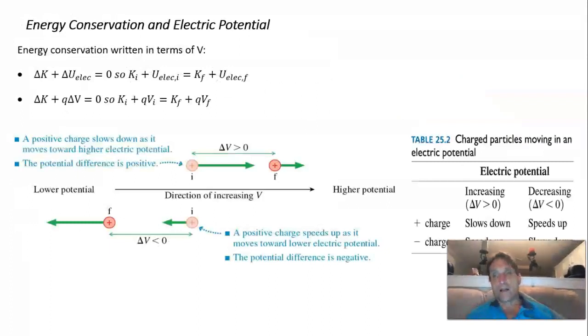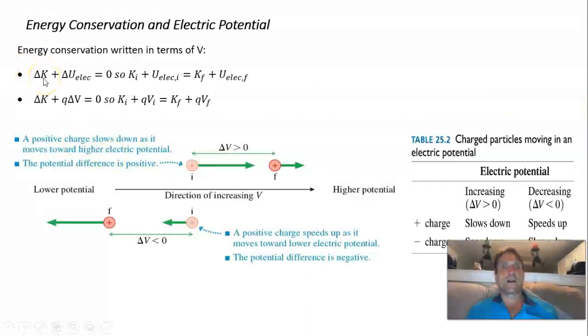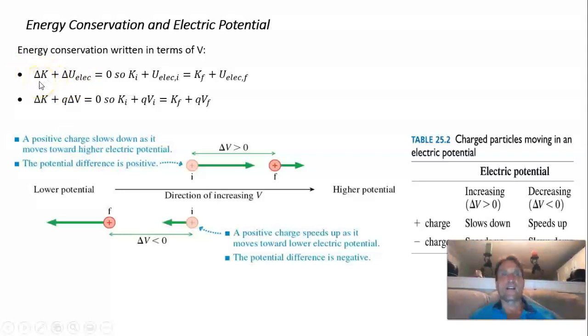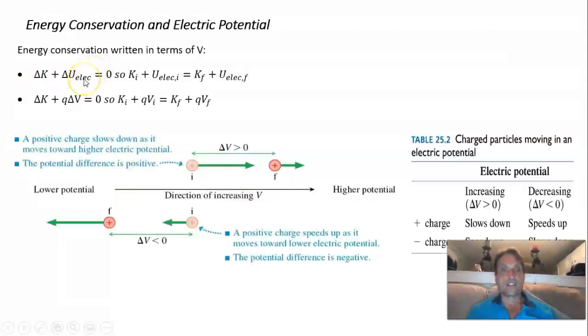So recall from the last lecture that for a charged particle moving under the influence of other source charges, energy is conserved. In other words, the change in the kinetic energy of the system plus the change in the electric potential energy is 0, right? So the initial energy, which is kinetic plus potential, must equal the final.